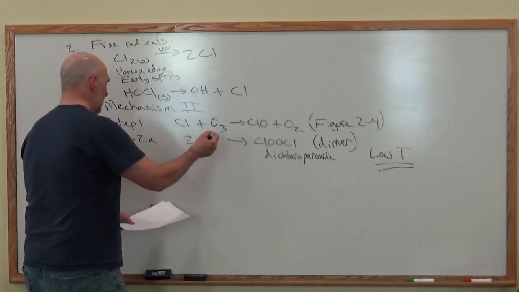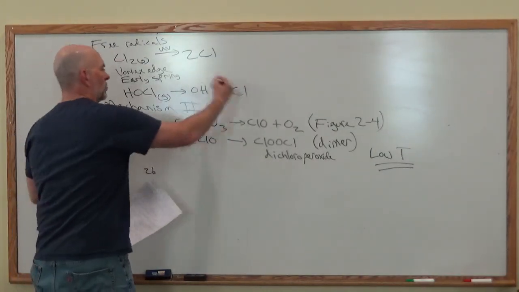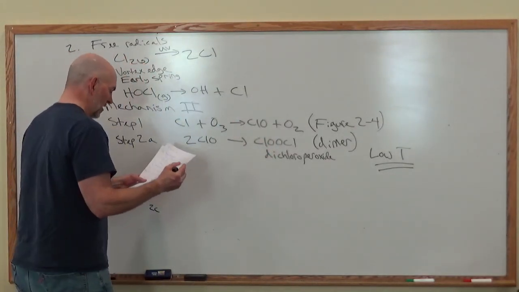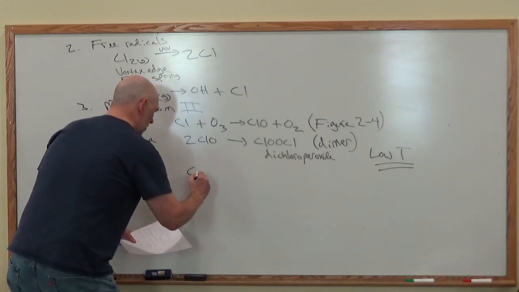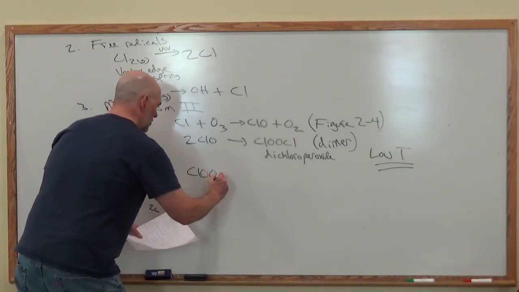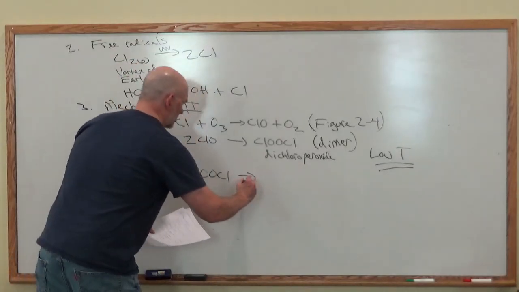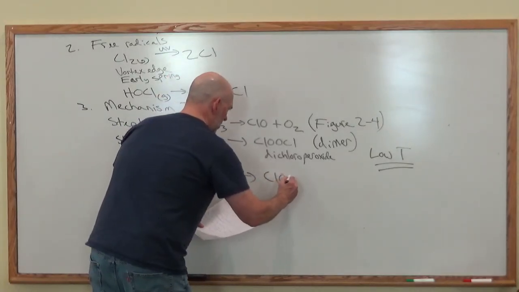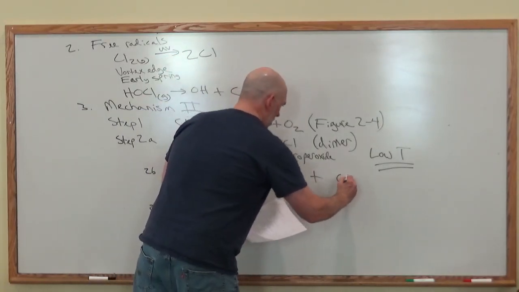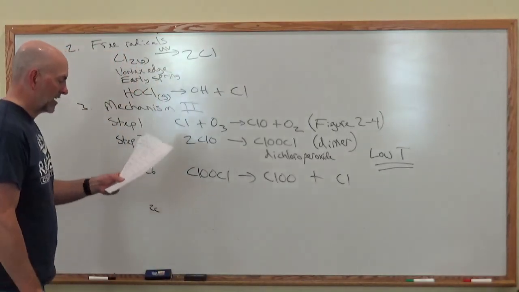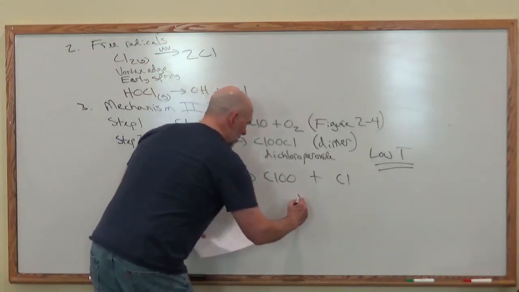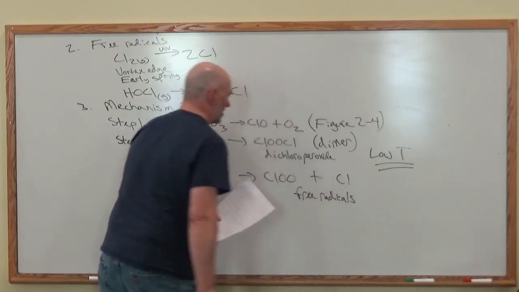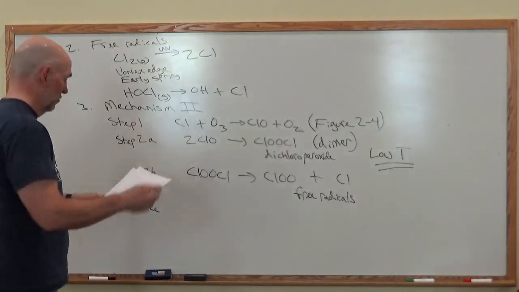Remember how these reaction mechanisms work. You produce one thing, that becomes a reactant, that does something else. So the next thing that happens is, the dimer doesn't do just the reverse of this reaction. What ends up happening is a chlorine free radical breaks apart. So both of these are now free radicals. There's no way you would know this. This is not that obvious.